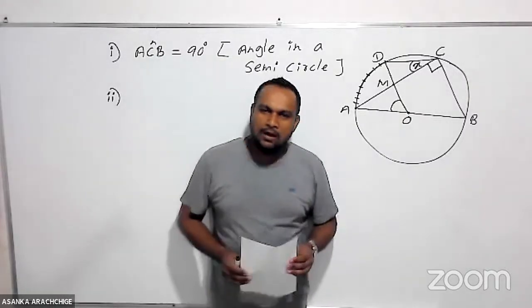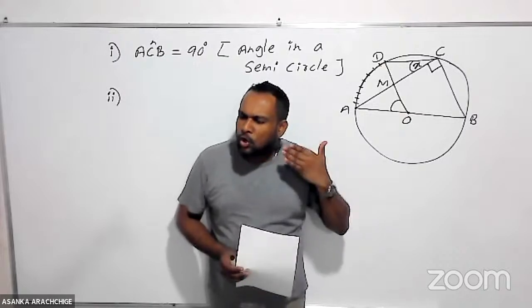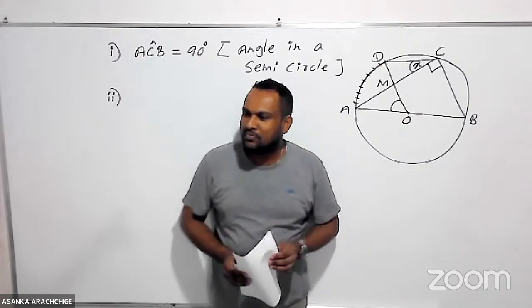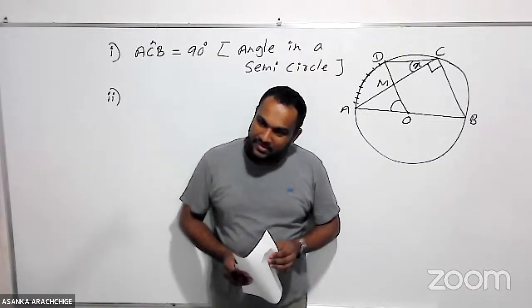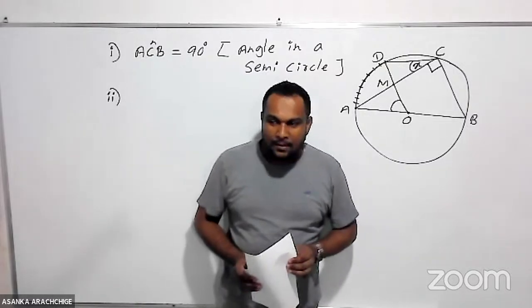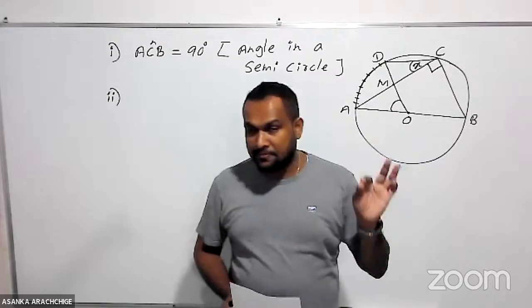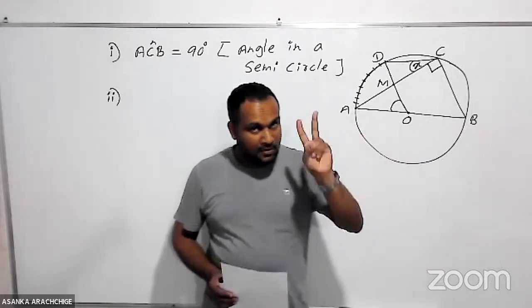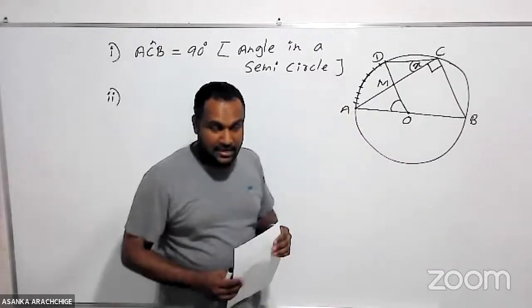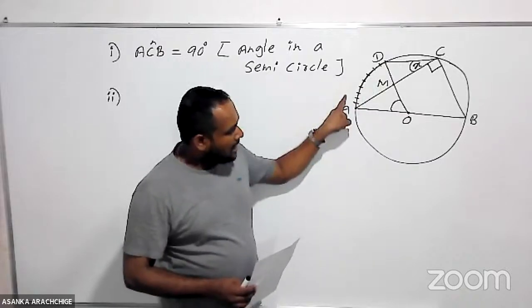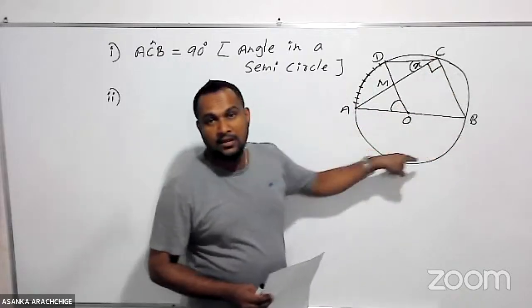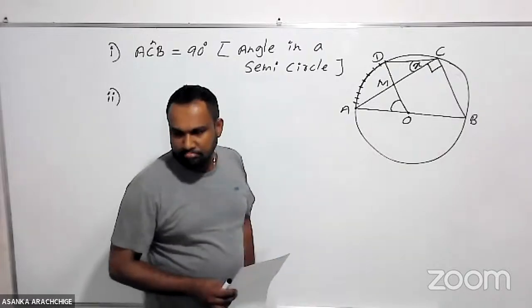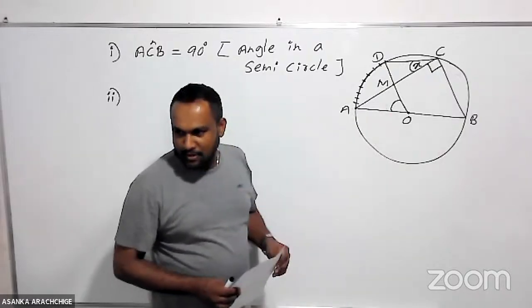Which theorem comes to your mind? The angle subtended by an arc at the center of a circle is twice the angle subtended by the same arc on the remaining part of the circle, or on the remaining arc of the circle.